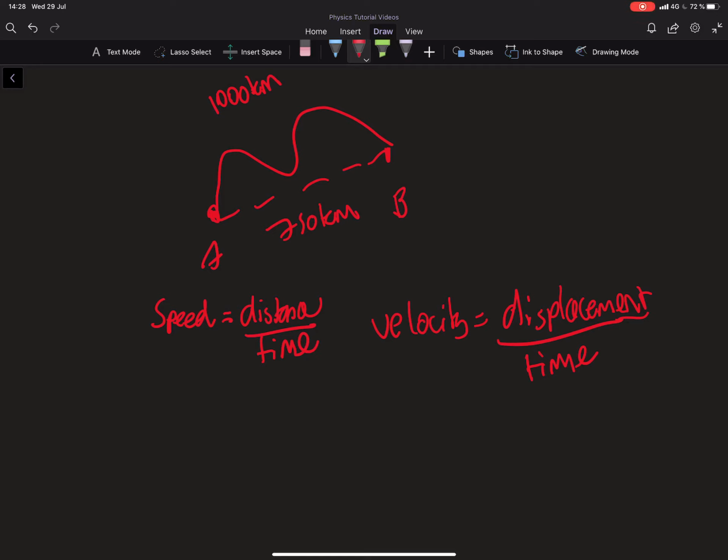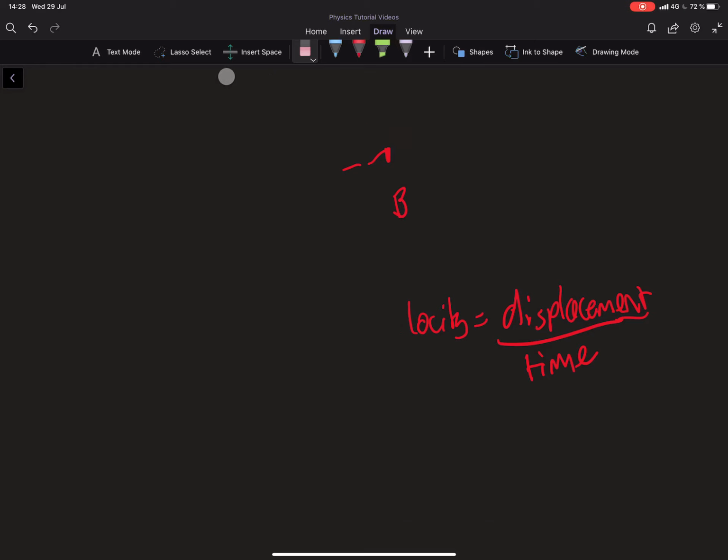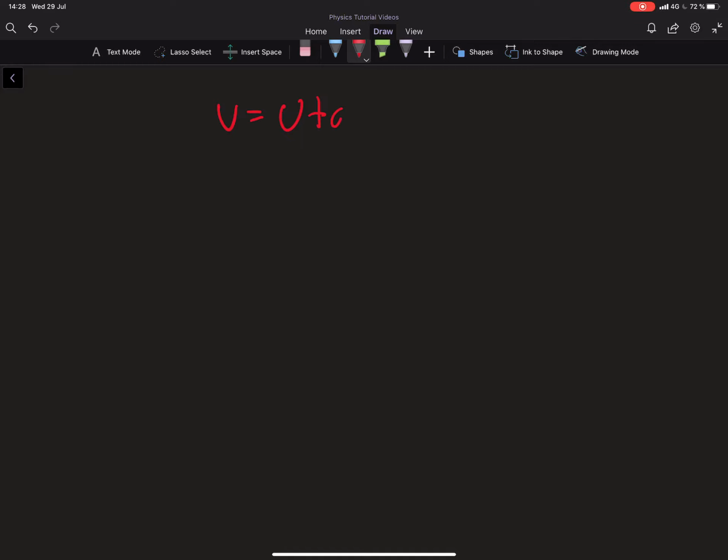But before that, I just gotta erase the board quickly here. There we go. All right. So the first equation of motion that we have is V is equal to U plus AT. It looks a bit unclear, that V, so I'll just redraw it quickly. There we go.